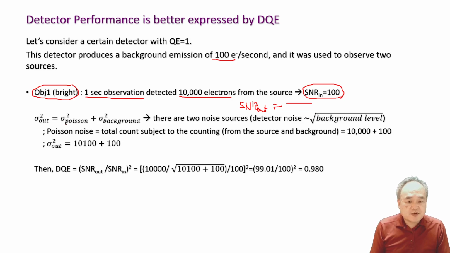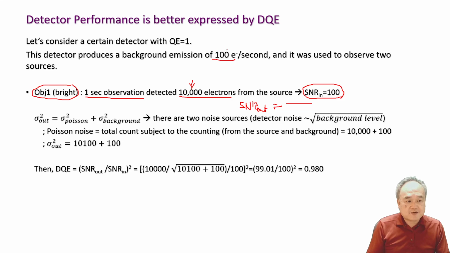So the first component is Poissonian noise. How many electrons are subject to the Poissonian counting? There are the electrons from the source, the 10,000 electrons.